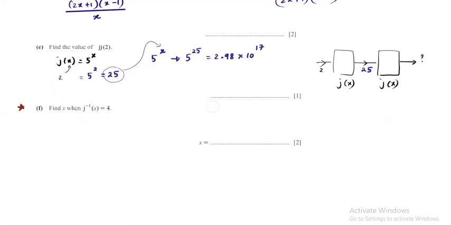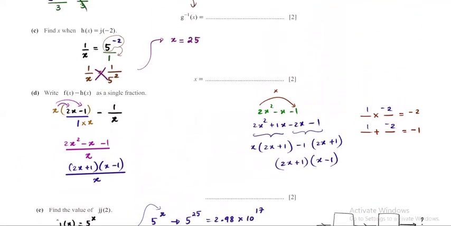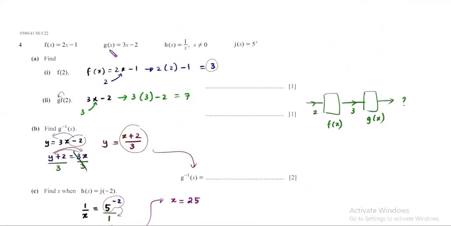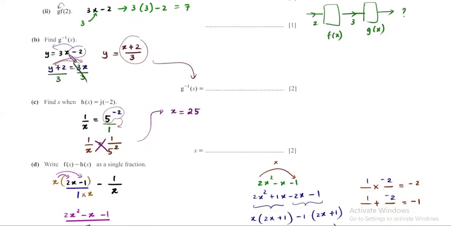Now here, the inverse function means if it is an expression like this, or even if it's a fraction like this, to find the inverse function, like we did in question B, we make x the subject, and then we switch x and y around. That is what we need to do.